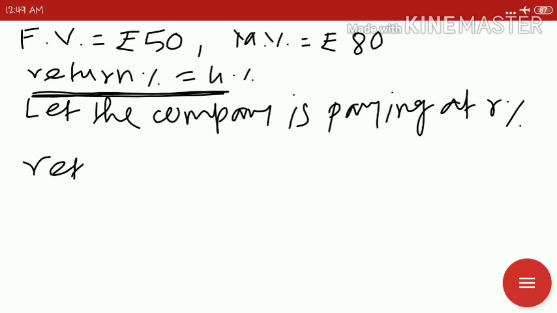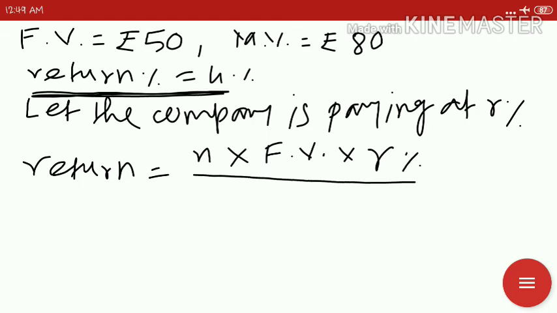For the return percentage, we'll write the formula together: the number of shares that I am taking is N, the face value, and the rate that I have taken, R%, and the investment means the number of shares into market value. And as I have said, for the return only, we have to take 100 there.